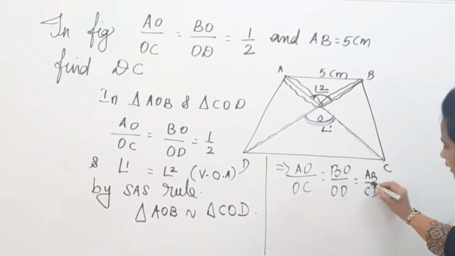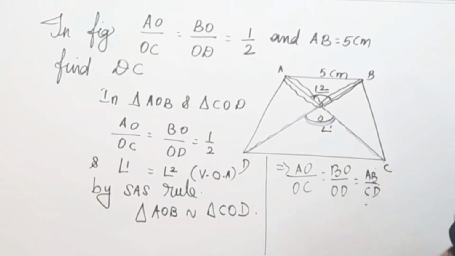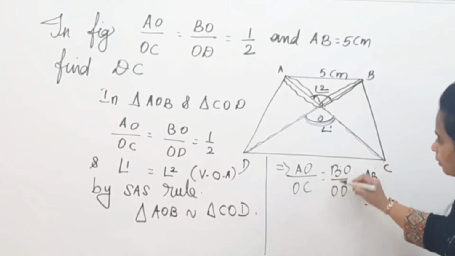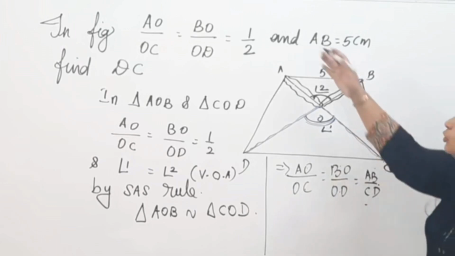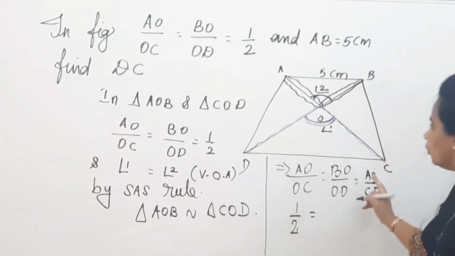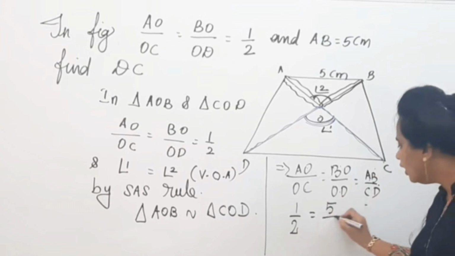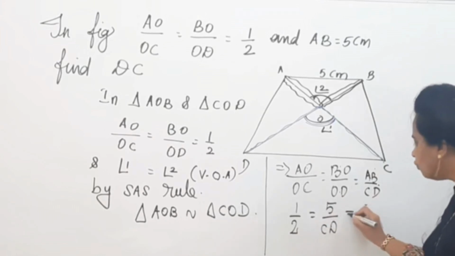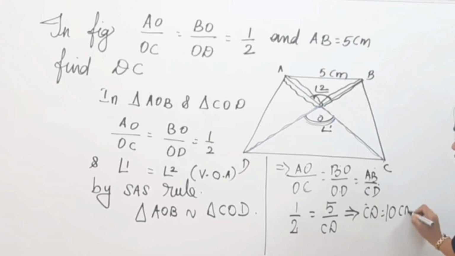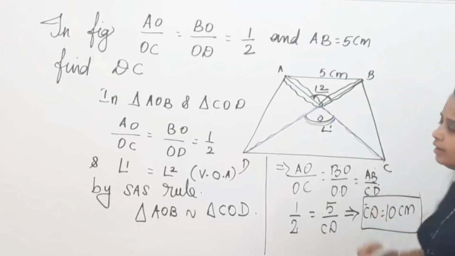So I want my CD and AB is also given. So I am given AO by OC or BO by OD both are equal to 1 by 2. So I would write 1 by 2 is equal to AB is 5 and CD I have to find. That means CD is equal to 10 cm. So I got my value.